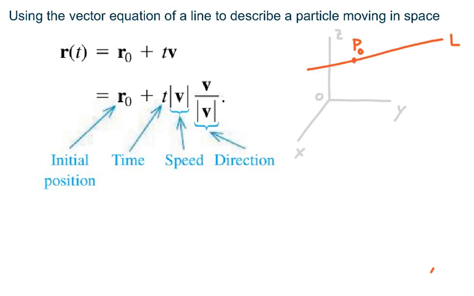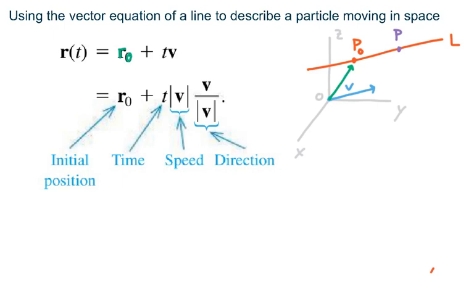And we can talk about this vector v, which is parallel to that line in space, and it's the same length from P naught to some terminal point P. As we reconsider defining those vectors, R naught is the vector from the origin to P naught.